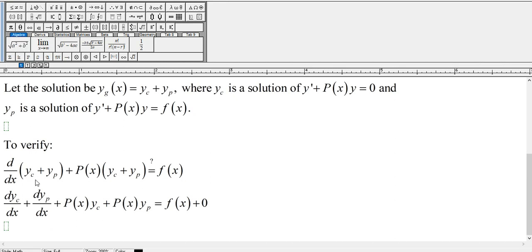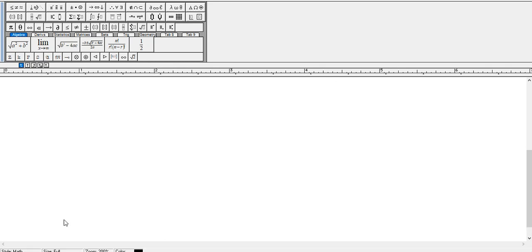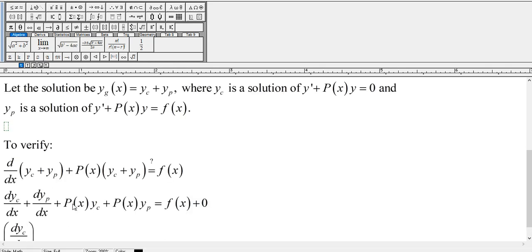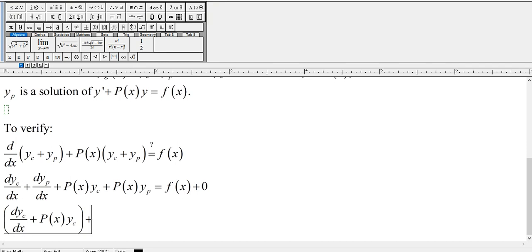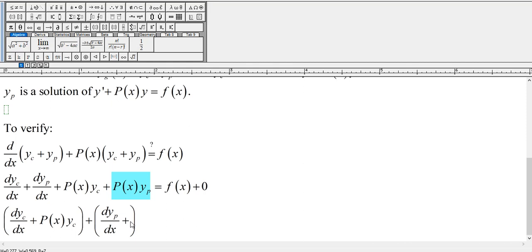And so now I'm going to group these terms. I'm going to have the derivative of common plus the p of x common, and then plus, very similar, the particular plus this particular. So I'm just regrouping them, and that's going to equal this.